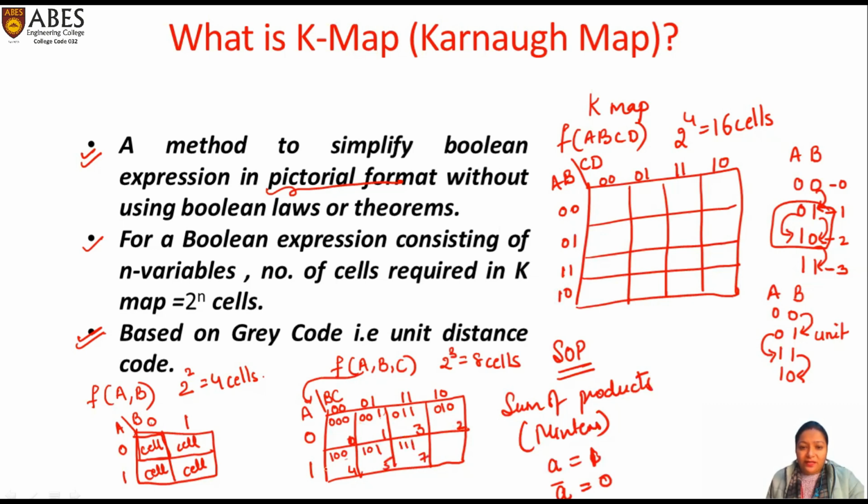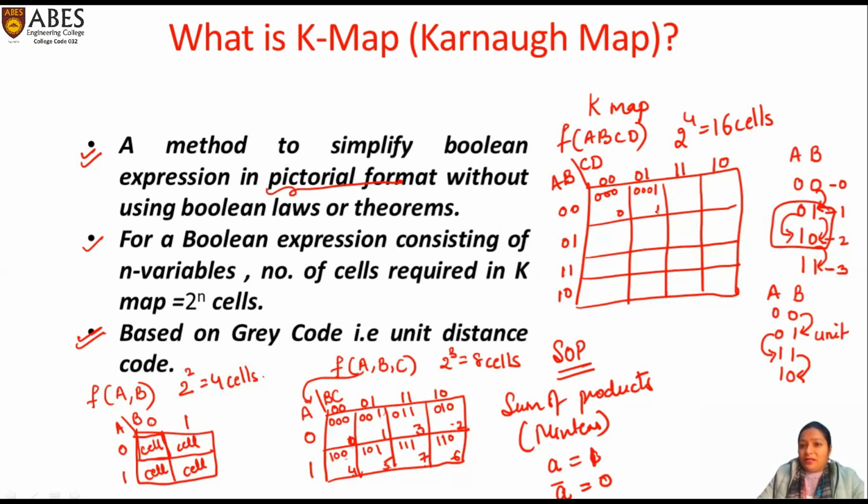That is 7. And 1, 1, 0. That is 6. So you have to remember this indexing of the K-map: 0, 1, 2, 3, 4, 5, 6 and 7. Similarly here 0, 0, 0, 0 will be 0. 0, 0, 0, 1 will be 1.